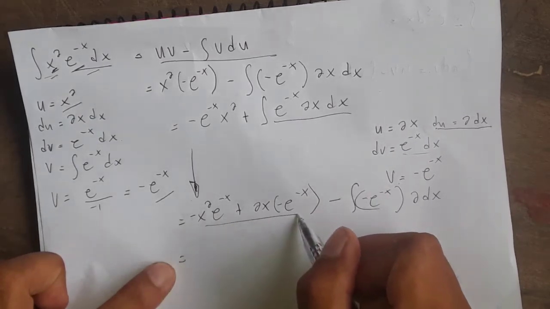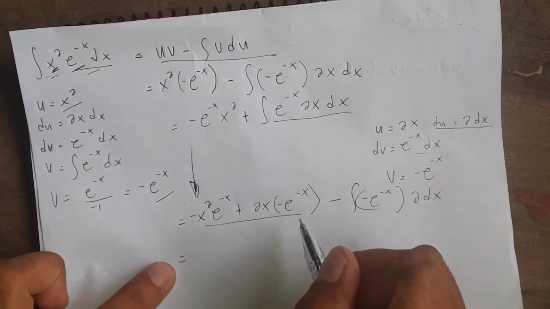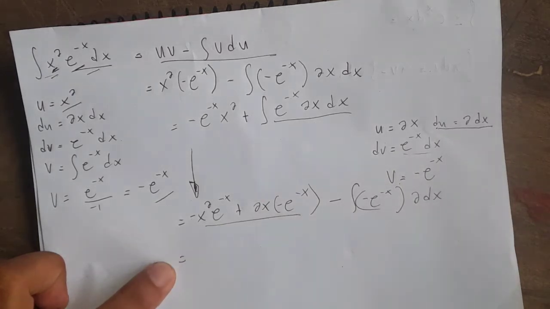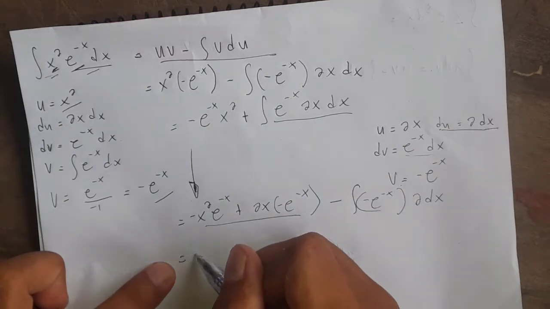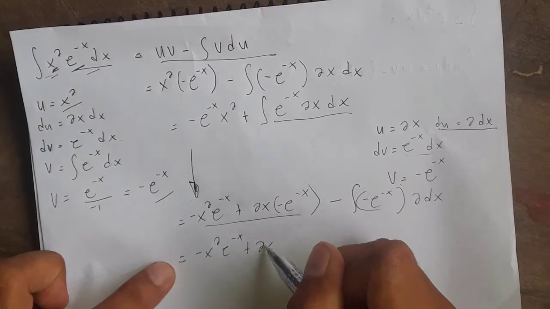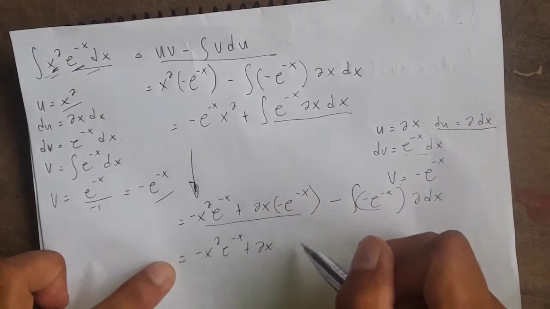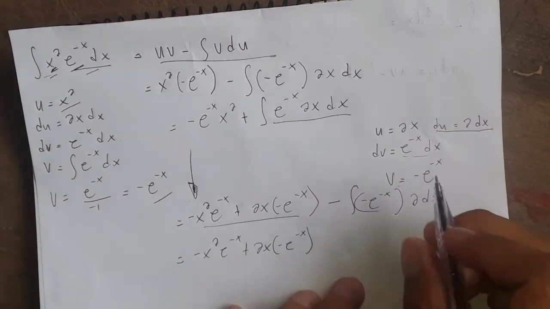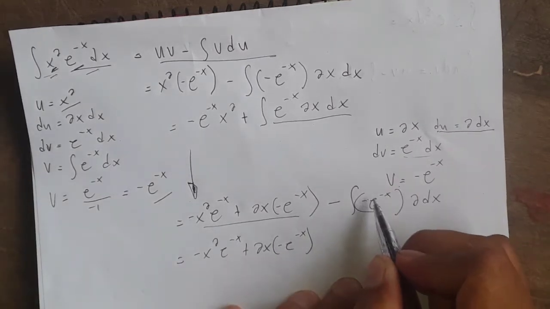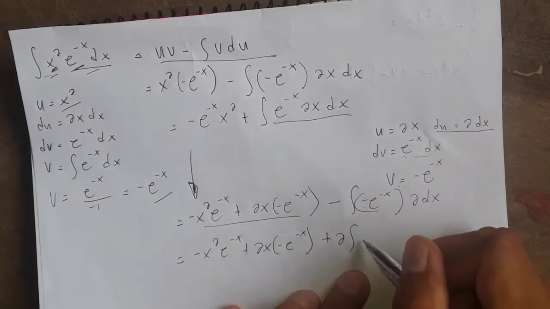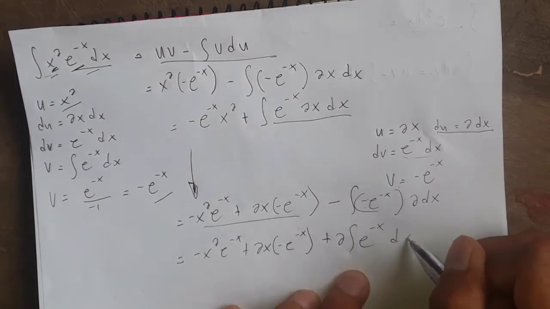So in these two functions, by simplifying, you have negative x squared e to the negative x plus 2x times negative e to the negative x. Then we have a negative sign, then 2, so we have plus 2 times the integral of e to the negative x dx.